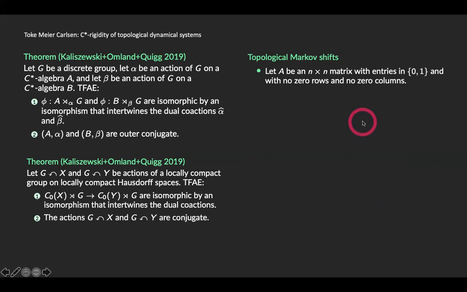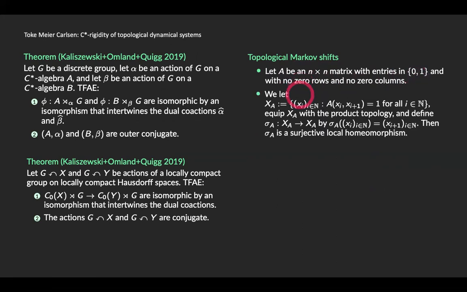So let me just briefly recall what I mean by a topological Markov shift. So I start out with an n by n matrix with entries in 0, 1, and I assume it has no zero rows and no zero columns. And then we let X_A be the set of all sequences for which the entry of the matrix A corresponding to two consecutive elements of the sequence is always equal to 1.